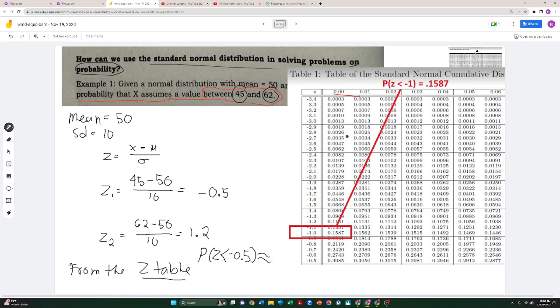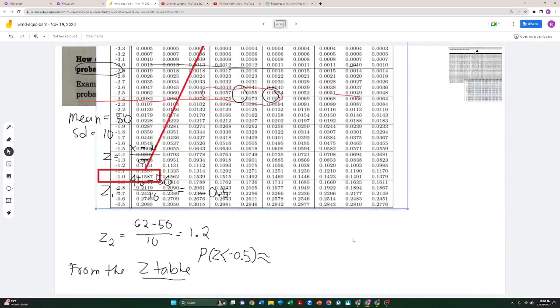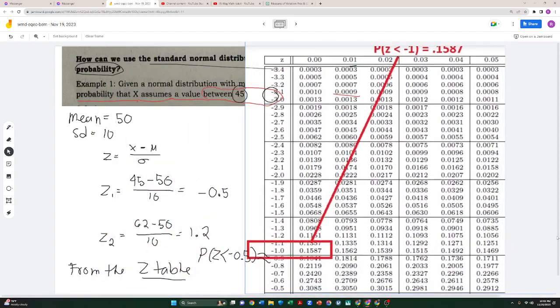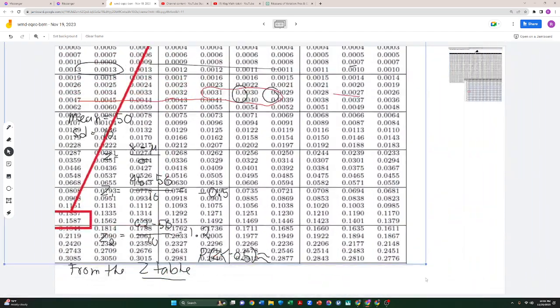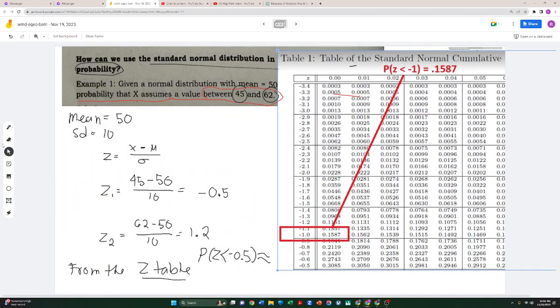How to use the table? Please makinig kayo. Okay, how to use this table? Unta maklaro, no? Mabantayan ninyo is that negative 0.5.